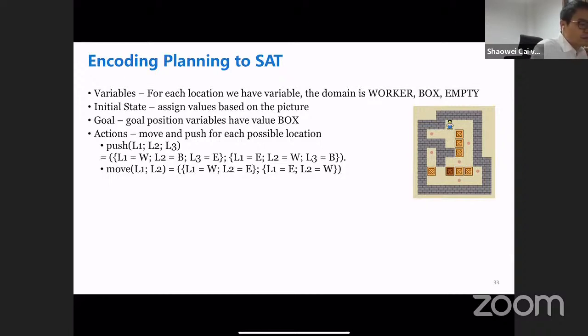In the initial state, we have some blocks in some positions, and there is a worker. The goal of the game is that the worker can move in each step. It can move 1 step, or it can push a box forwards 1 step. Finally, you need to push all the blocks to the goal point here.